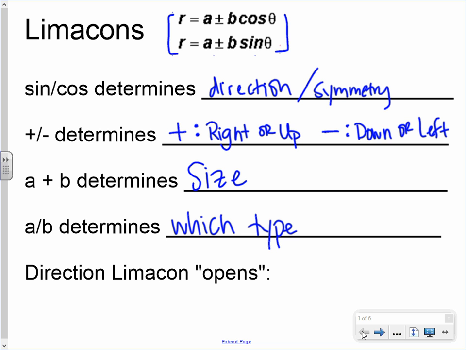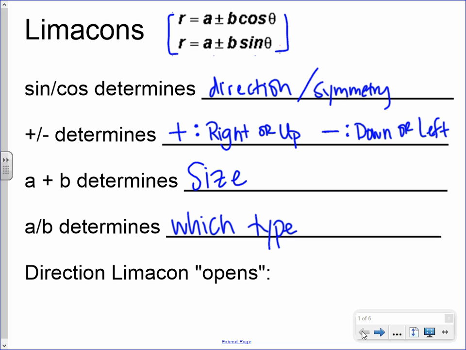Okay? There's actually 4 different types of limacons. So we're going to go through what those 4 different types are. Now, depending on if it's sine or cosine, along with the addition versus subtraction, that's how we're going to know where a majority of our limacon is.